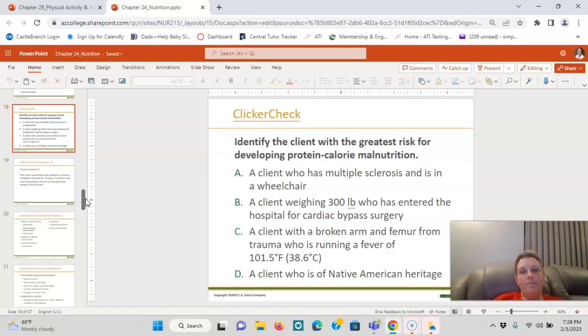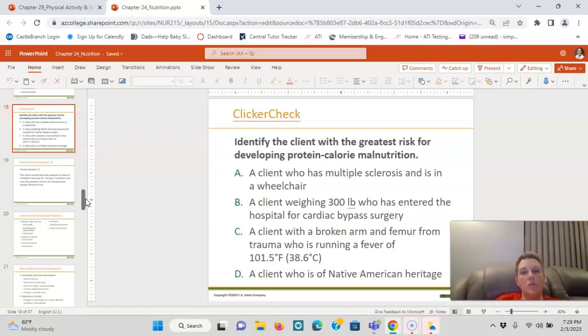B: A client weighing 300 pounds who has entered the hospital for cardiac bypass surgery. C: A client with a broken arm and femur from a trauma who is running a fever of 101.5. D: A client who is of Native American heritage. Protein-calorie malnutrition. Greatest risk.